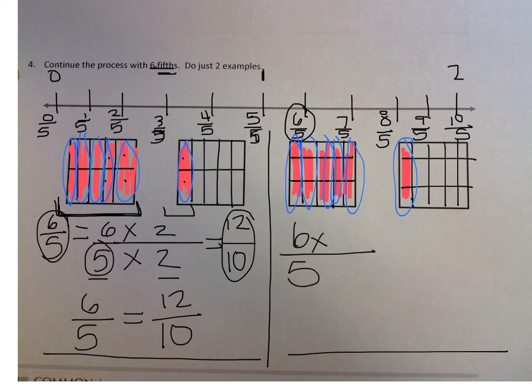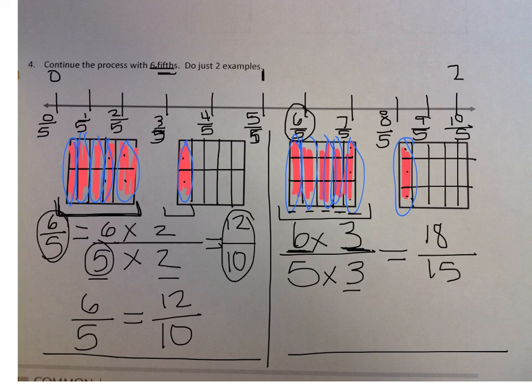But now we've cut them into different groups. So we have one group of 6 has 1, 2, 3 separate pieces. If we have 6 of those groups, 6 groups of 3 gives us a total of 18 pieces that are shaded. In our one whole, there are 5 groups. 1, 2, 3, 4, 5. 5 groups of 3, 3 in each group, 1, 2, 3, gives us a total of 15 pieces in our whole.